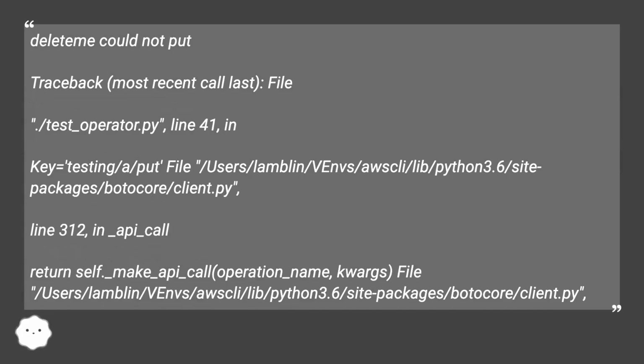Traceback, most recent call last: File ./test_operator.py, line 41, in key equals, testing/a/put, file break time equals 1s. Line 312, in _api_call, return self._make_api_call, operation_name, kwargs.